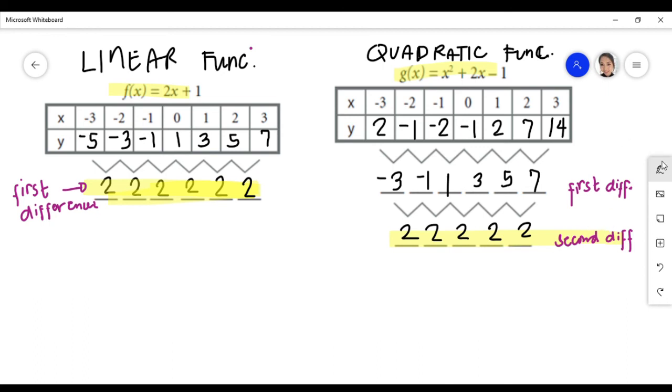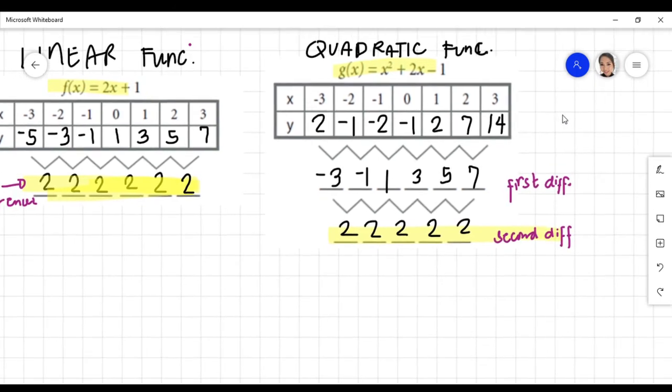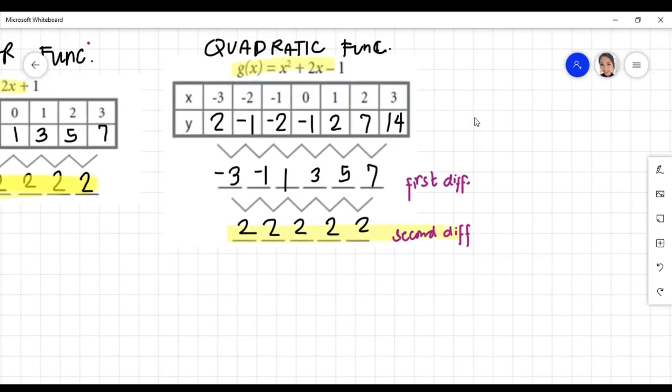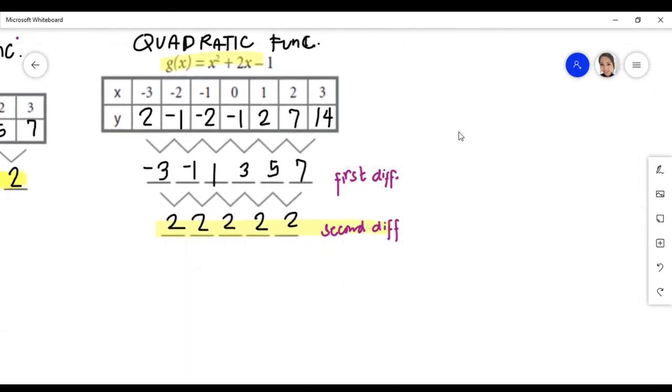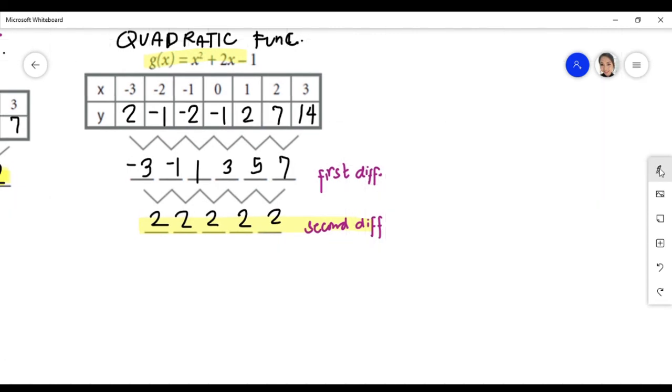Now, how about if we are given the graph? How will we identify if it's a quadratic function? So we will graph this quadratic function here. And we will list the points first for us to easily graph it.